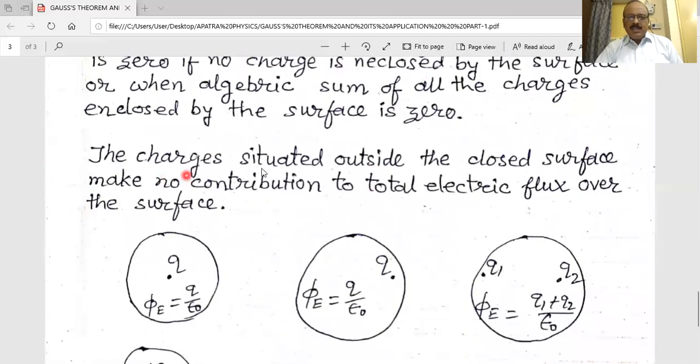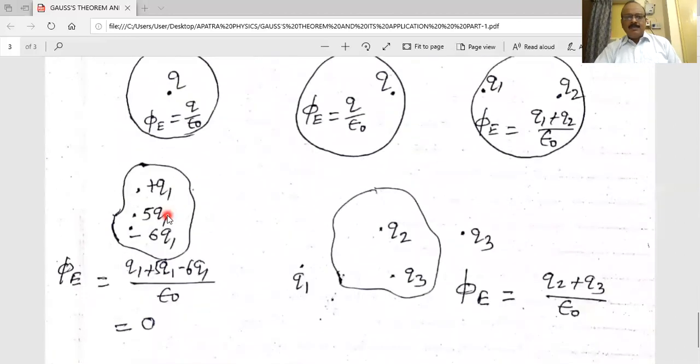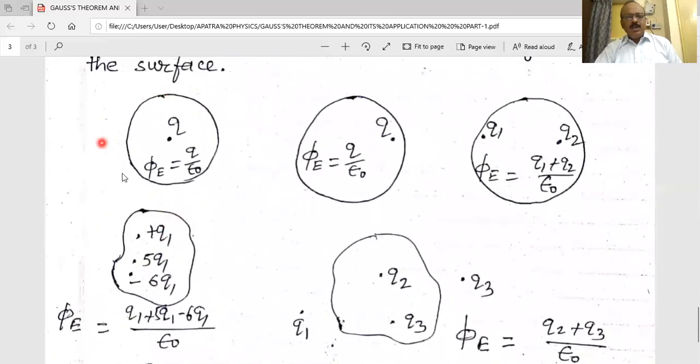The charges situated outside the closed surface make no contribution to the total electric flux over the surface. That means the total electric flux through any surface depends upon the net charge enclosed by the closed surface. It does not depend upon the position of the charges, nor upon the shape of the enclosing Gaussian surface.